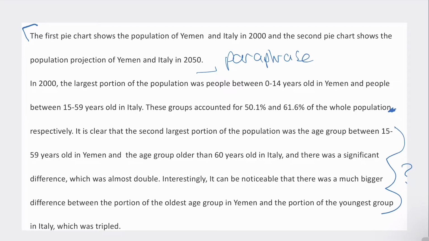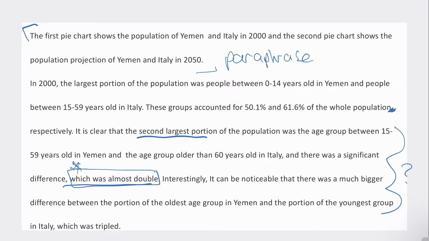So I would recommend that they need to be summarized a little bit more. So, for example, it's clear the second largest portion of the population was the age group, and which was almost double. Okay, so this has been put right at the end, which is sort of confusing, and it's not as focused to the idea of the sentence.